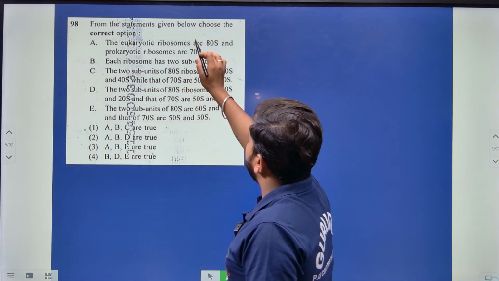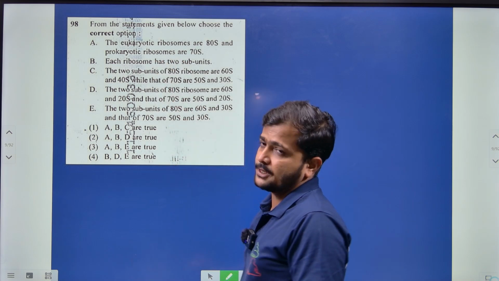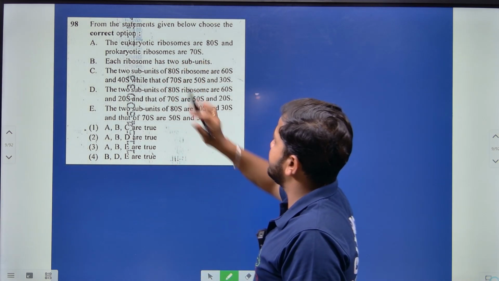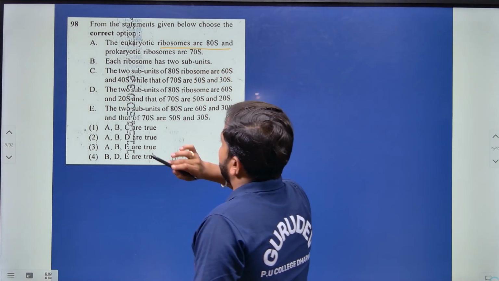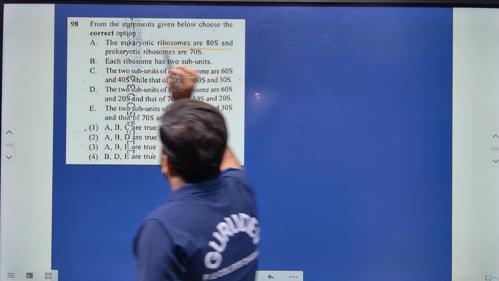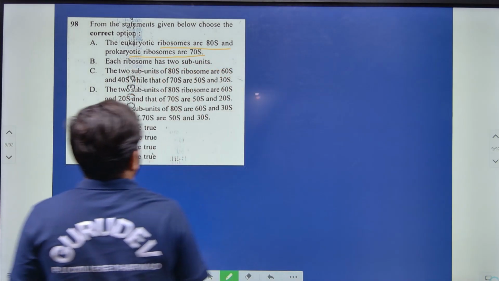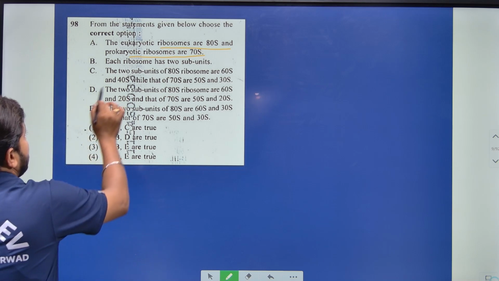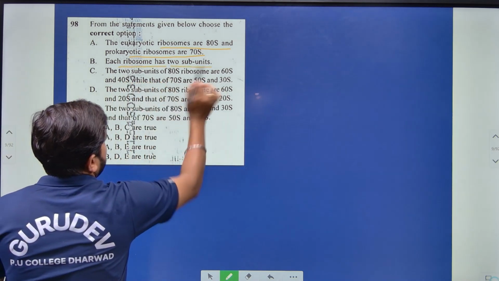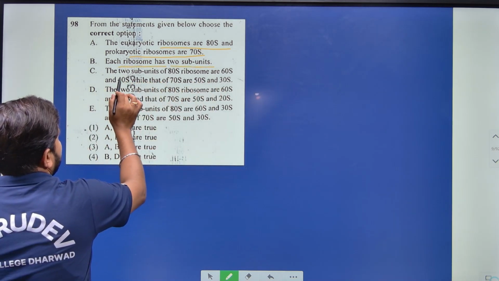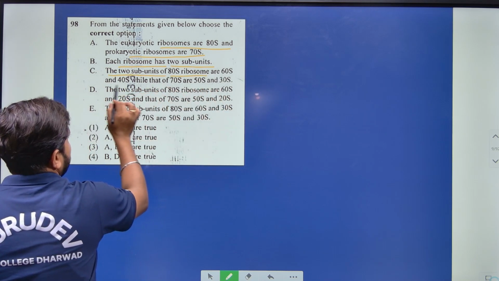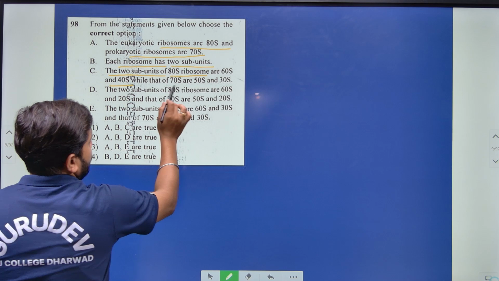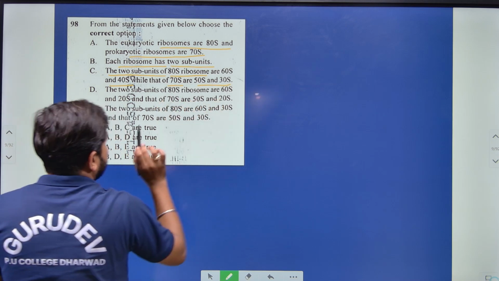From the statements given below, choose the correct option, right? They have given some statements: eukaryotic ribosomes are 80S and prokaryotic ribosomes are 70S. Each ribosome has two subunits. The two subunits of 80S ribosomes are 60S and 40S, while those of 70S are 50S and 30S.